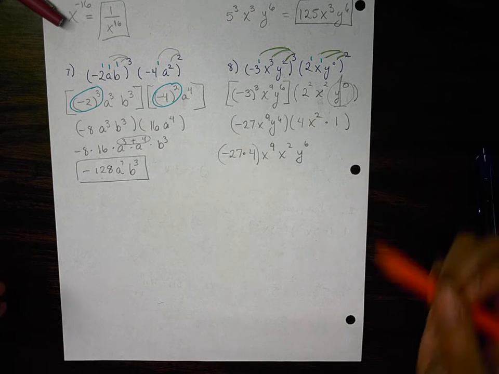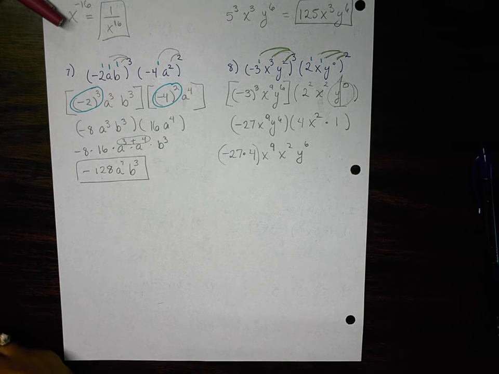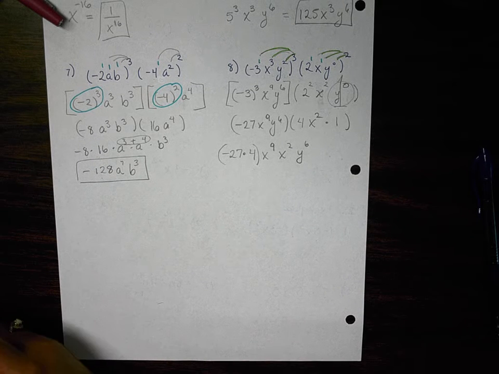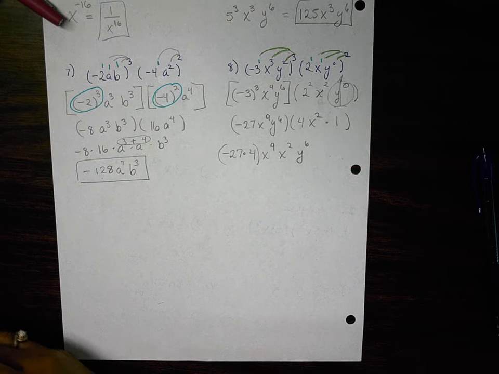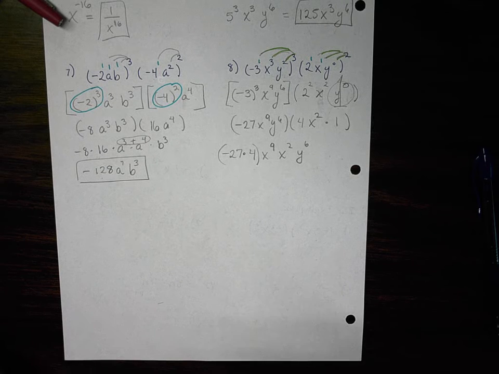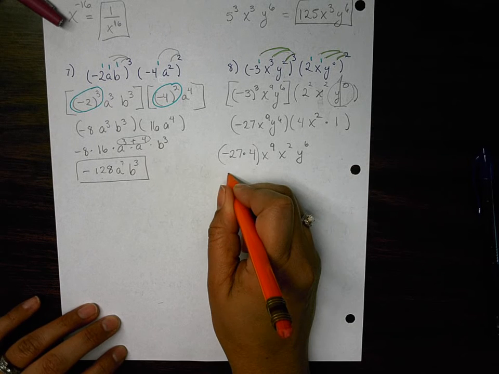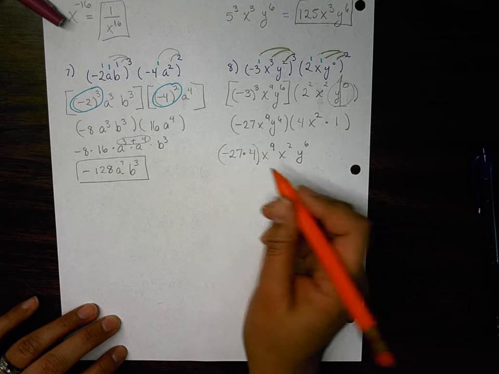All right. Who did I just call on? Did I call on anyone? Did I say someone's name? I thought I did. No? All right. Amelia, can you tell me what negative 27 times 4 is? Negative 108.